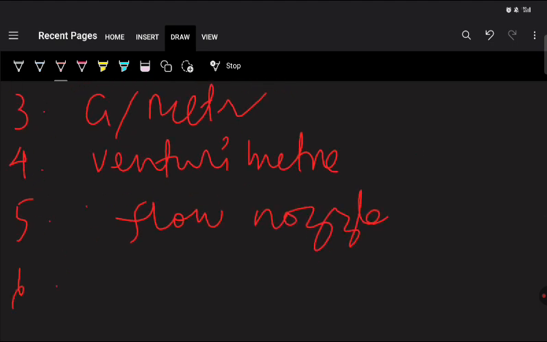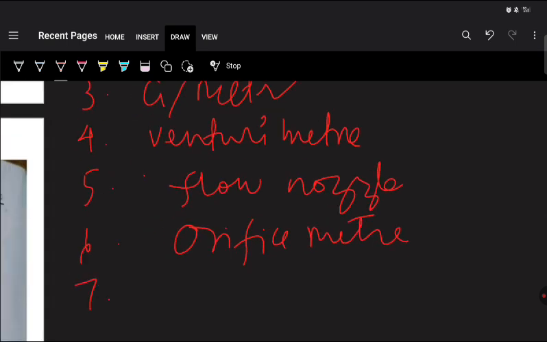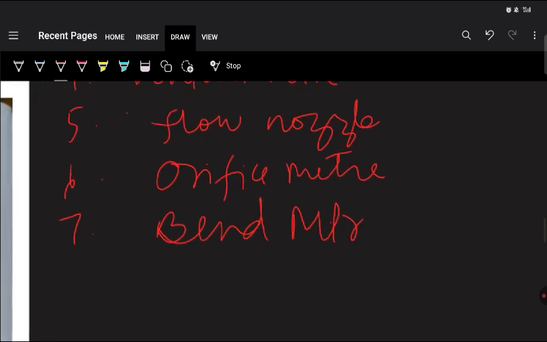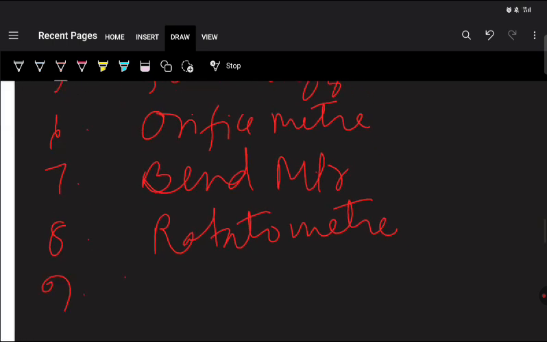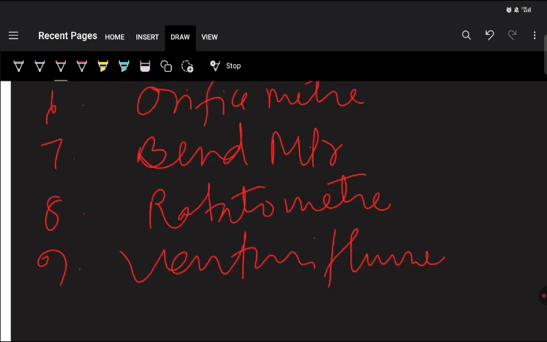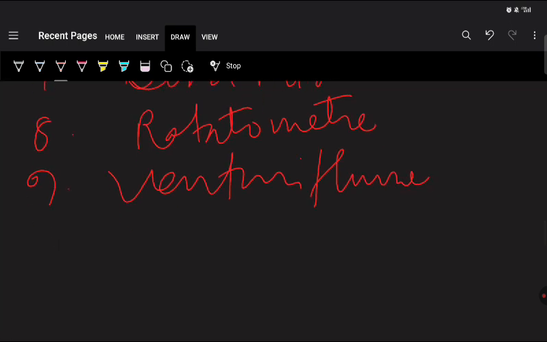Number 6, orifice meter. Number 7, venturi meter. Number 8, rotameter. Also the flume and the elbow meter. These things you should remember.